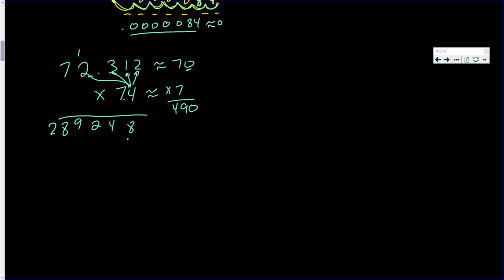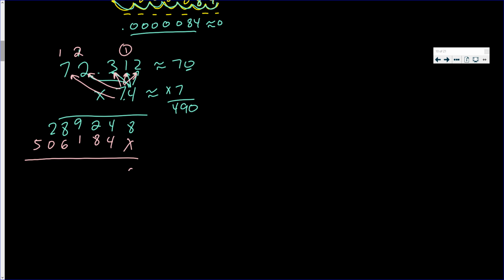Now we indent, and now we do 7 times 2 is 14, carry the 1. 7 times 1 is 7, plus the 1 is 8. 7 times 3 is 21, carry the 2. 7 times 2 is 14, plus 2 more is 16, carry the 1. 7 times 7 is 49, plus 1 is 50.